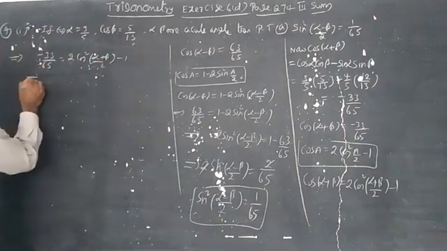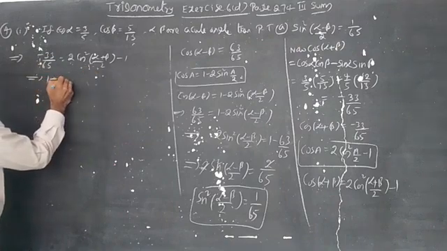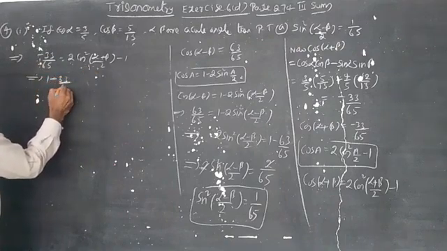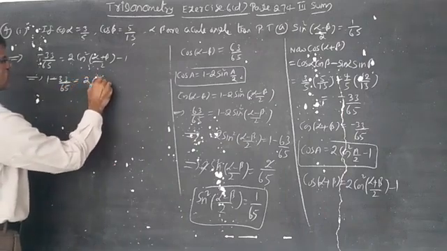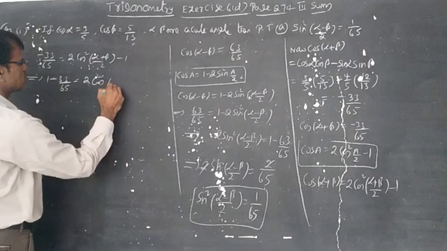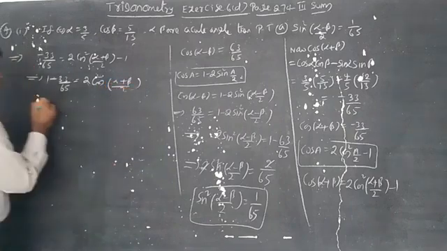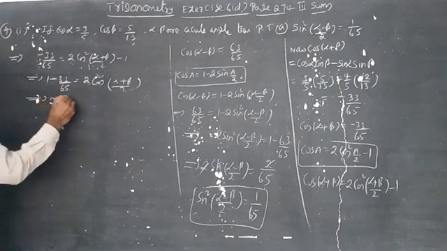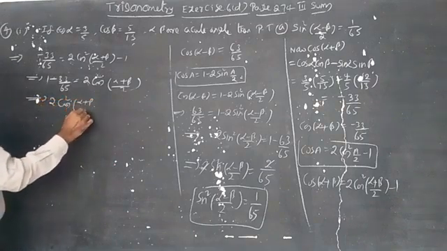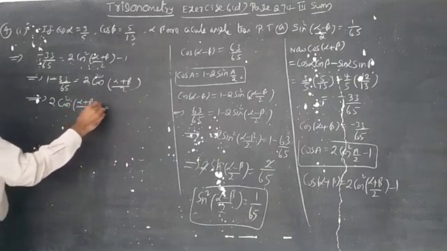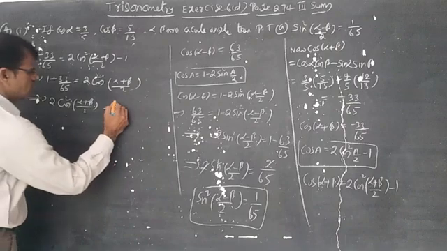So minus 1 taken this side becomes plus 1. So 1 minus 33 by 65 is equal to 2 cos square of alpha plus beta by 2. That implies 2 cos square of alpha plus beta by 2 is equal to 65 minus 33 over 65.